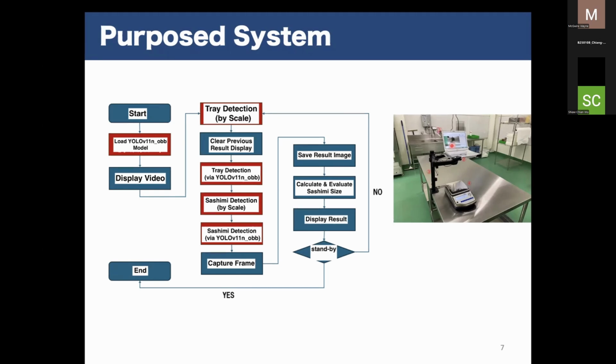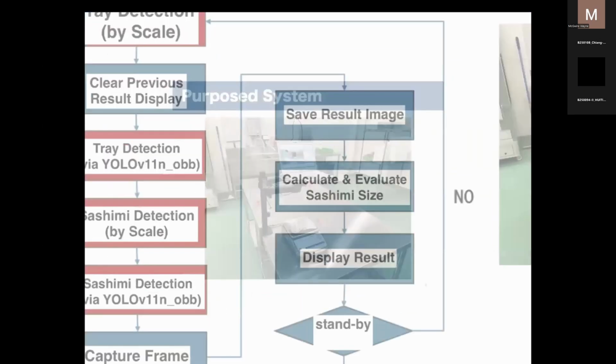Based on the bounding box dimensions, we compare each detected slice to reference size standards, and any slices falling outside the allowable range are flagged for automatic rejection or reprocessing, and then the loop continues until the end of the process.